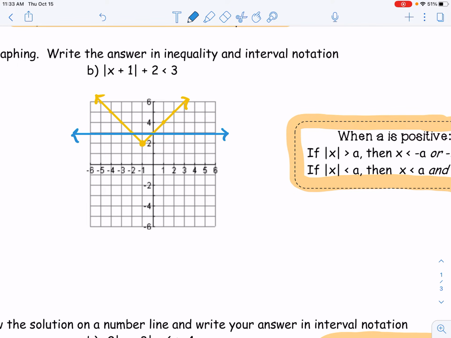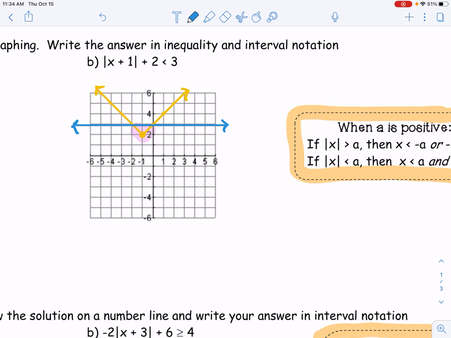And this time, I want to know, where is my absolute value graph less than 3? So where is it below that blue line? So obviously in this vicinity here. If I was writing that in interval notation, that would be all of the x's between negative 2 and 0, not included again because of the symbol. It's just the less than, not less than or equal to. So from negative 2 to 0, those are the x values where it is less than that horizontal line.